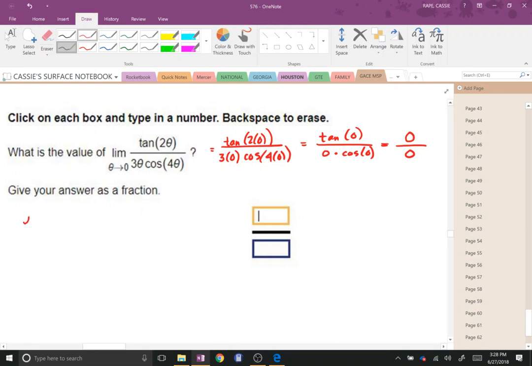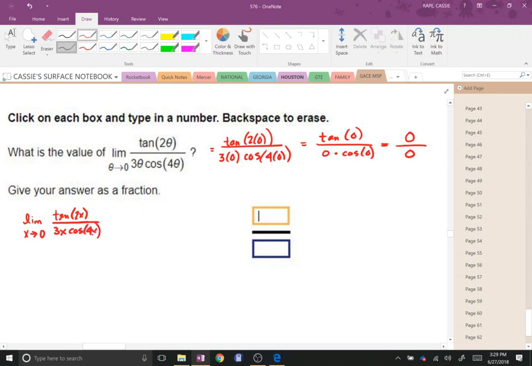If I've got the limit as theta approaches, you know what I'm going to do? I'm going to change that to x because I don't like using a theta and a 0. I can see theoretically that could make a lot of issues. Of the tangent of 2x over 3x times the cosine of 4x.